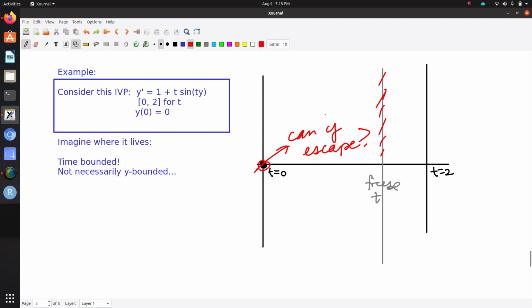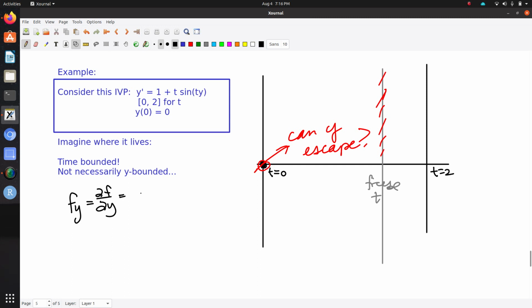Okay? So in this case, we have df/dy. You can write it this way, or you can write the partial of f with respect to y, and this bit here is actually f. We're going to take the derivative of that with respect to y. So we're freezing t, and so what do we get?